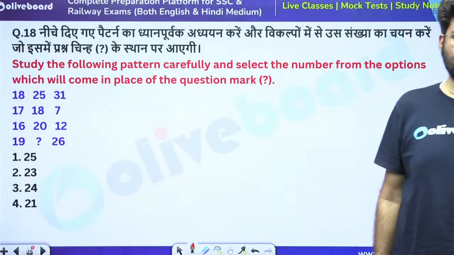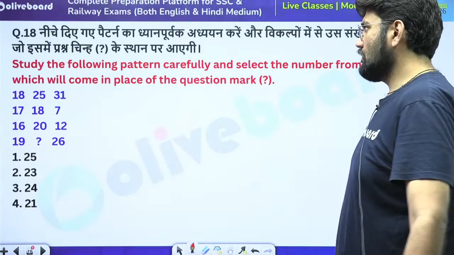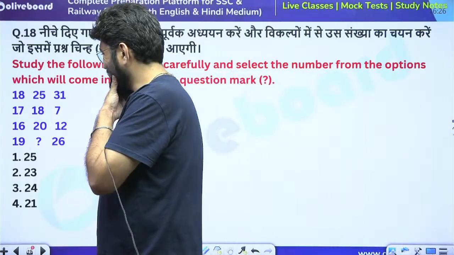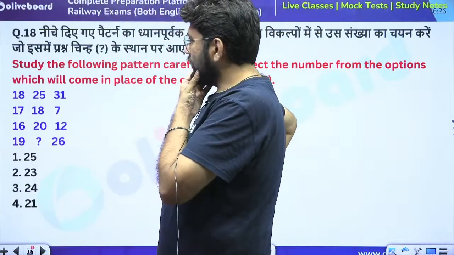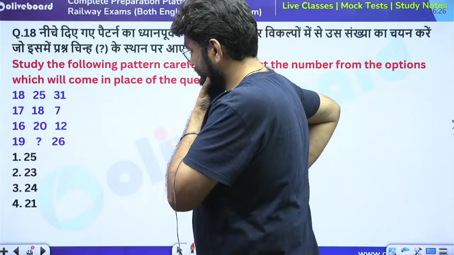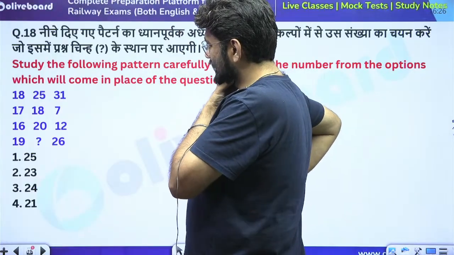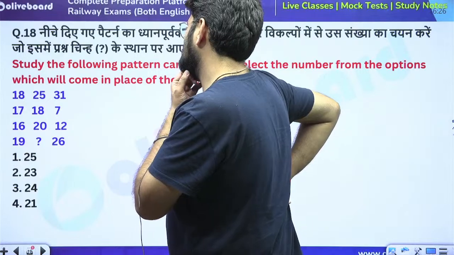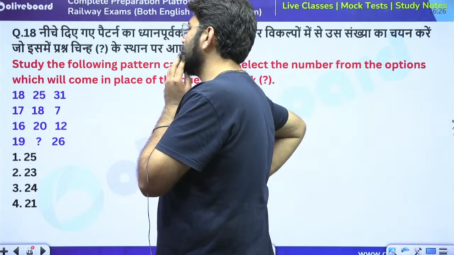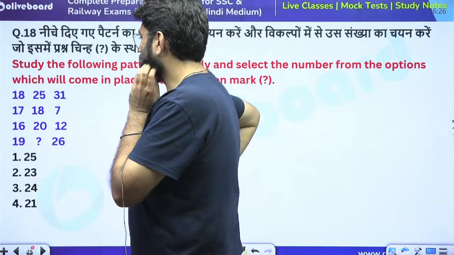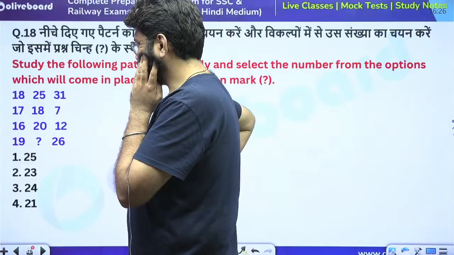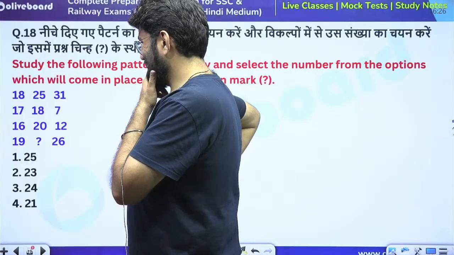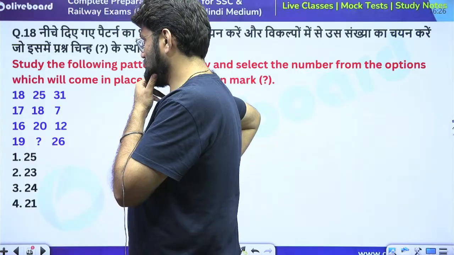Missing numbers. 18, 17, 16, 19. Okay. 18, 25, 31. Do you get anything here? Any common factors? No. Okay. 18 and 25, 25 and 31 is 56. 18 into 3 plus 2. 18 and 7 is 25. 17 into 3 plus 4.